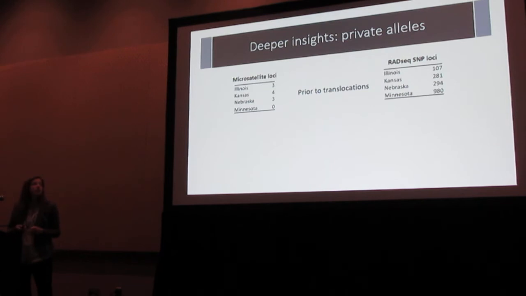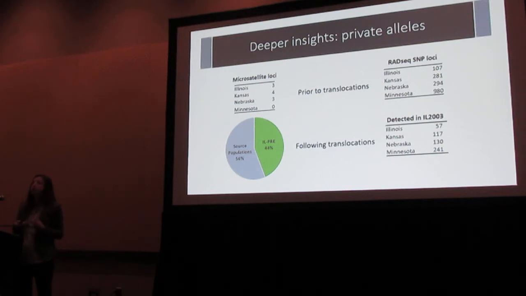And so they did attempt to look at private alleles in previous work, but once again, simply due to the nature of only looking at a handful of markers, they didn't find many instances of private alleles among their source populations. And so, not surprisingly, looking at my full data set of 200,000 SNP loci, I find many more instances of private alleles.